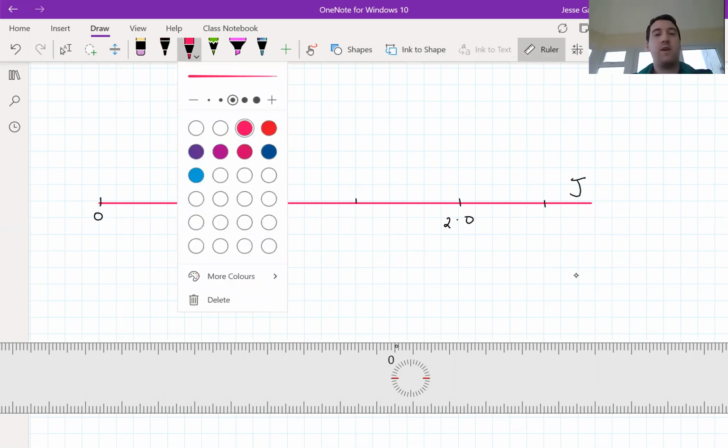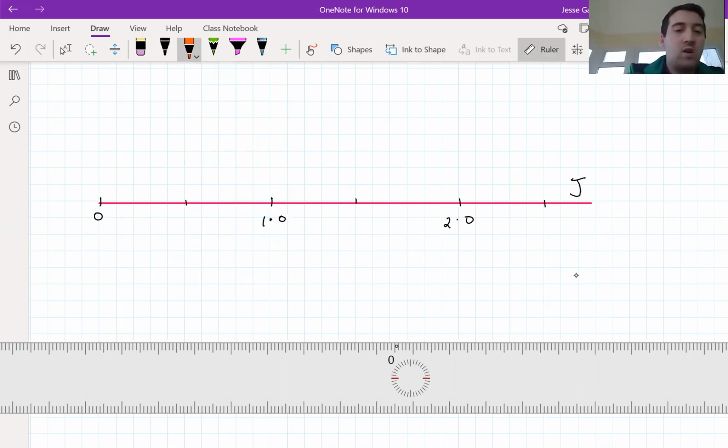This one, let's find out what the gap is, first of all. Well, from here up to here, the difference is 1.0. It's 1. Now, how many squares are there? Let's count them. Here's 1, 2, 3, 4, 5, 6, 7, 8, 9, 10 squares.